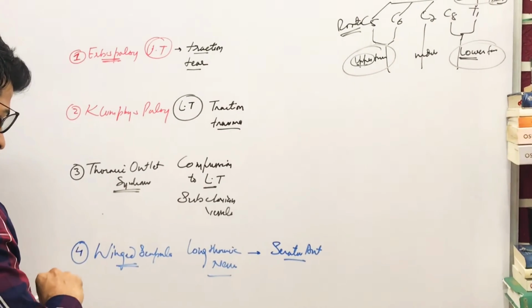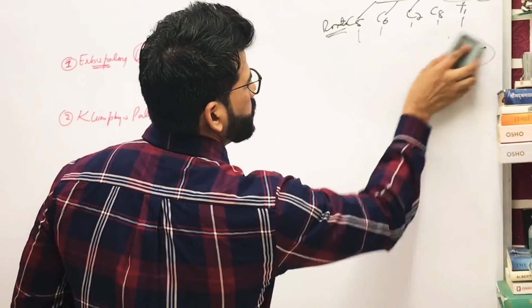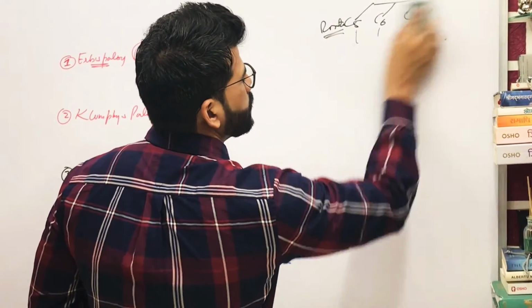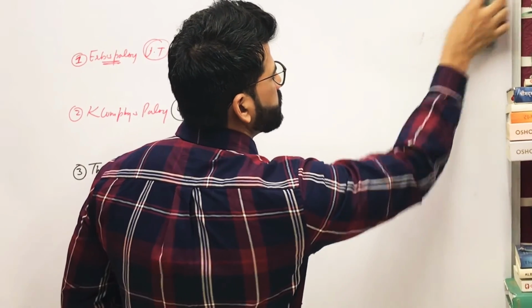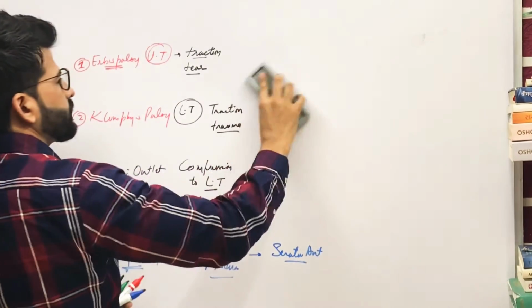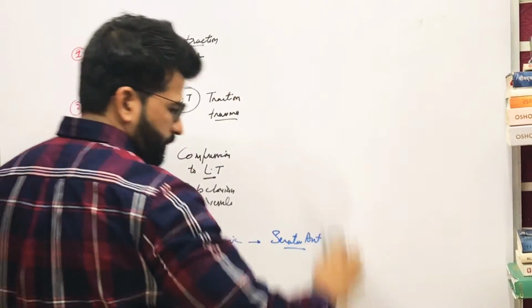Now the upper trunk supplies the deltoid, supraspinatus, infraspinatus and, via the musculocutaneous nerve, the biceps.